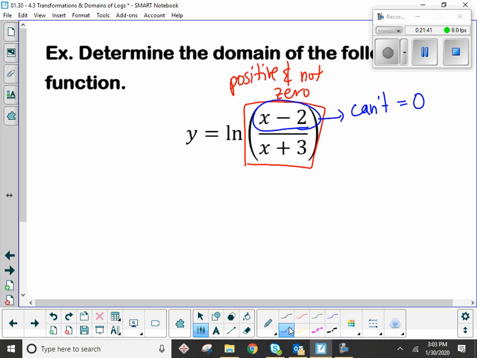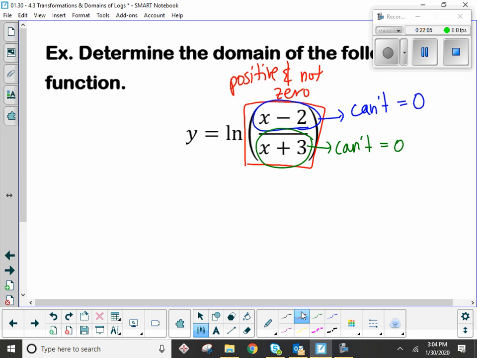And then, like Matthew said, the bottom can't be 0 either. But that's because it makes it undefined. It cannot divide by 0. It won't work. So we have two different situations for two different reasons. But both of them give me my excluded values.